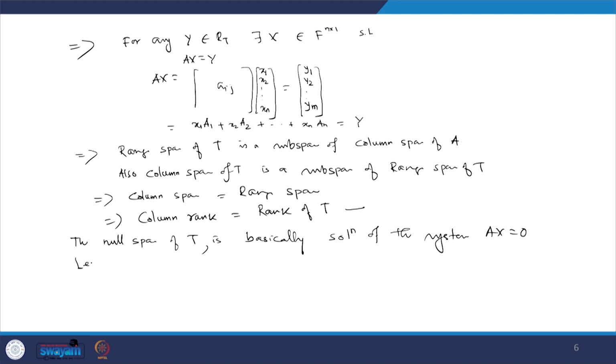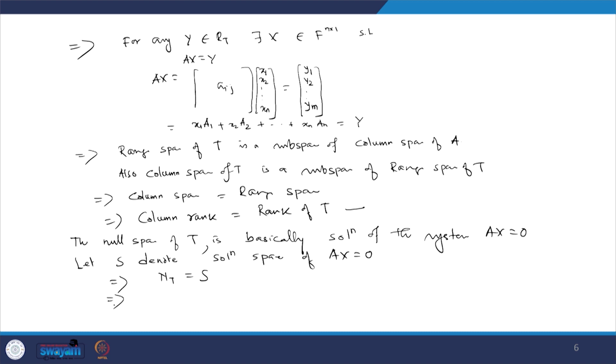So, let capital S denote the solution space of A x equal to 0. So, this implies that N T is equal to S. This implies that the null space of T is basically capital S. Okay.